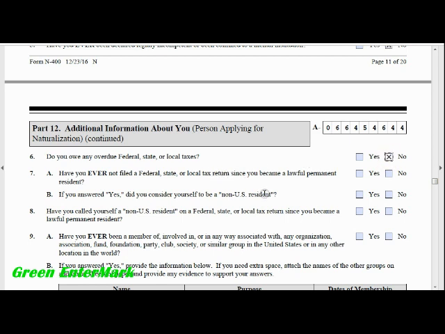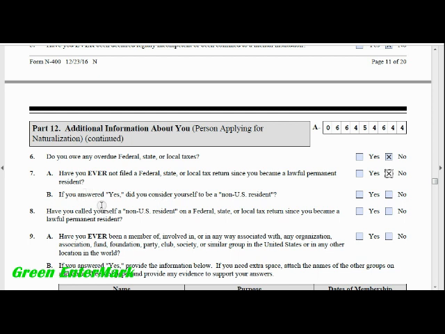No. Have you ever not filed a federal, state, or local tax return since you became a lawful permanent resident? If you did not file or missed one, you have to say yes. If you filed your tax return on time, you say no.